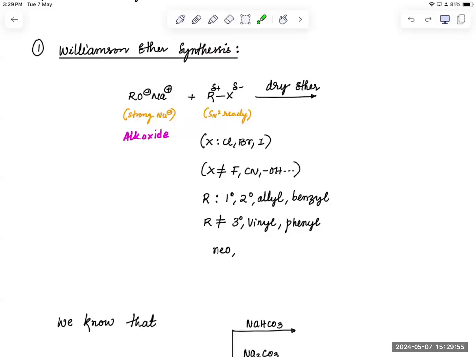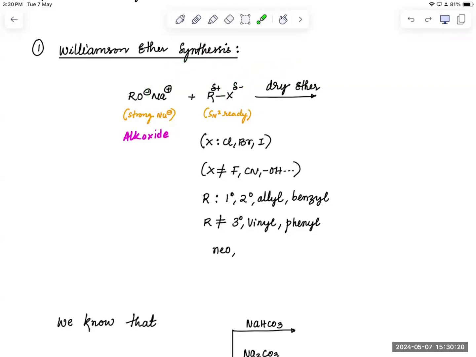So if it is supposed to give an SN2 reaction, this halogen which is supposed to leave, right, which is chlorine, bromine, iodine, it could be any one of them. Weak ones cannot be the case. Fluorine, cyanide, OH, these are weak leaving groups, which we cannot deal with. So when you treat this alkyl halide, the RO minus will attack, X minus will leave, and the reaction should go via SN2.